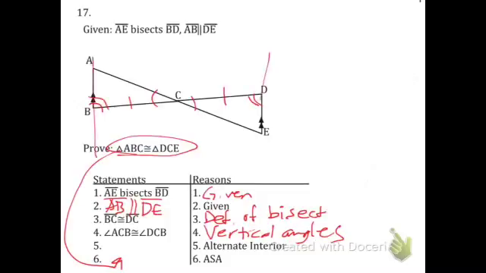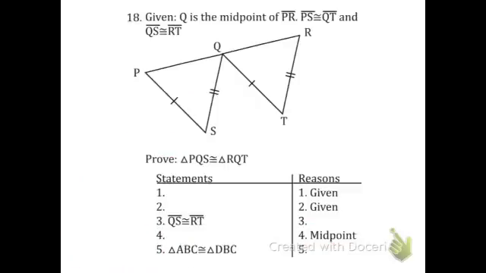And they can, because you have a transversal cutting across two parallel lines, and they're on opposite sides in between the lines, so they're alternate interior angles. So you're looking at angle ABC being congruent with angle EDC. And that's the end of that one.